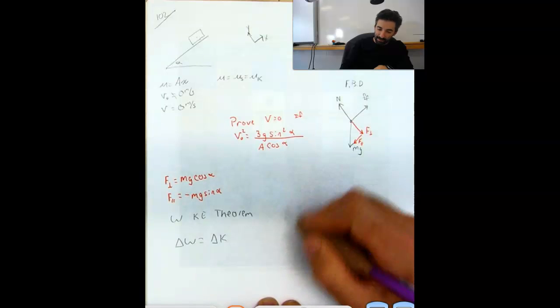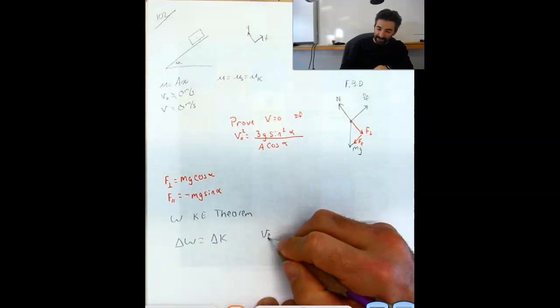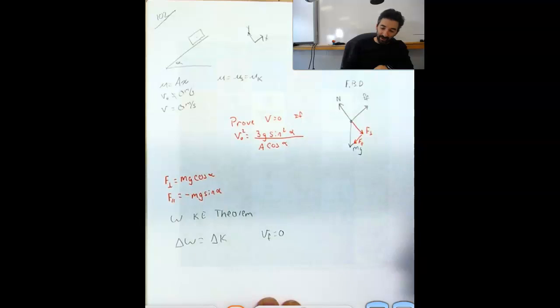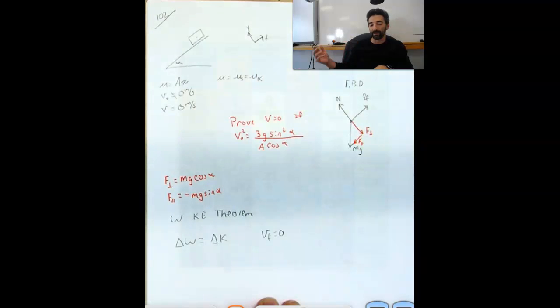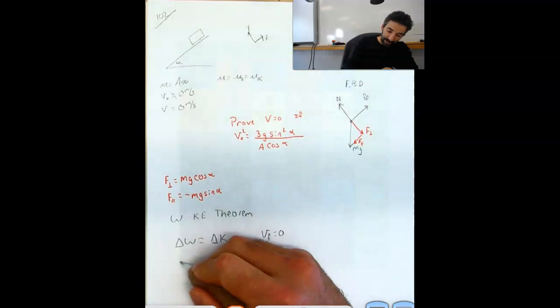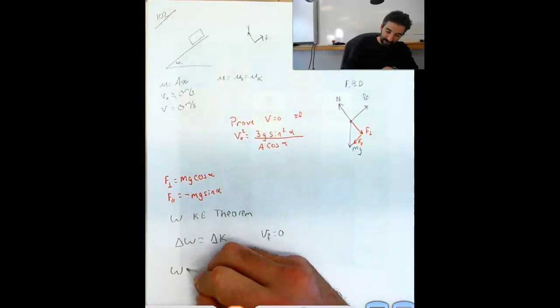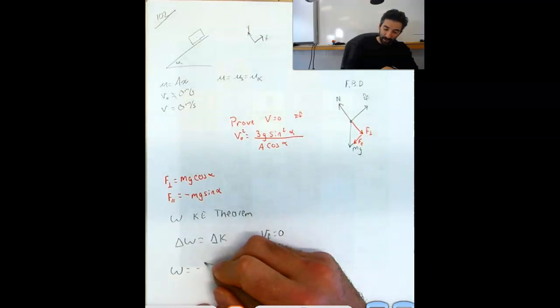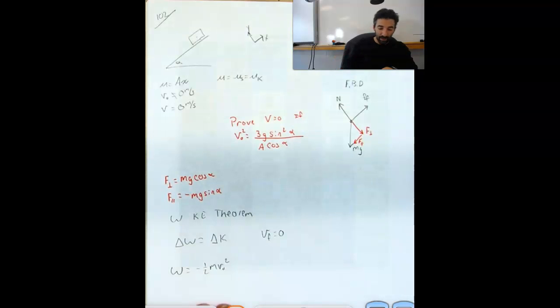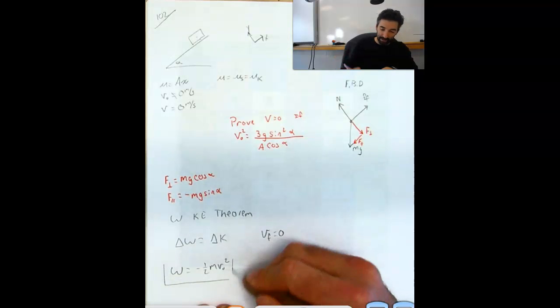And since my final velocity is equal to 0, I really know, again, that we're exploiting those maximum points. How much work is done by friction is going to be equal to the kinetic energy of my initial kinetic energy. So for simplicity's sake, I'm going to say the work done is equal to the negative, because it's final minus initial, of 1/2 m v naught squared. So this is what I'm talking about.